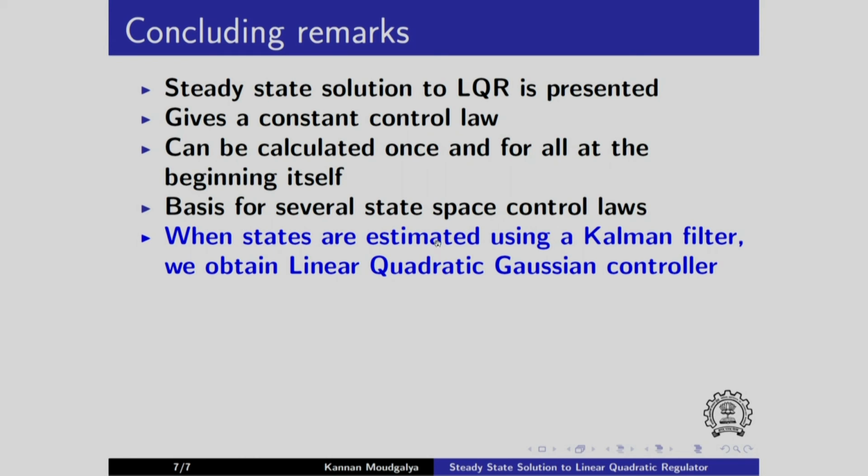When states are not available, we estimate them. That estimator is known as the Kalman filter. LQR used with Kalman filter is known as the linear quadratic Gaussian or LQG controller.